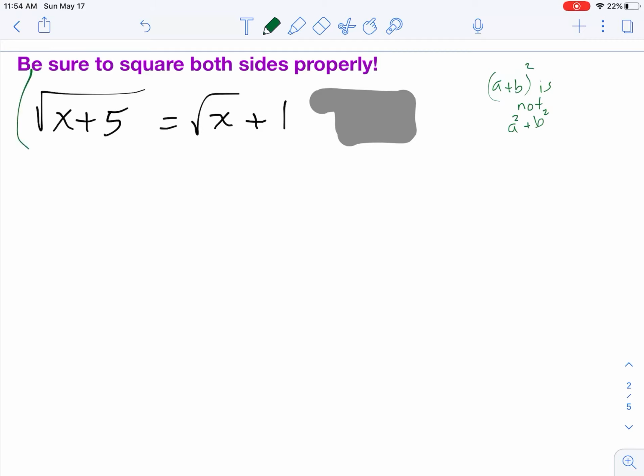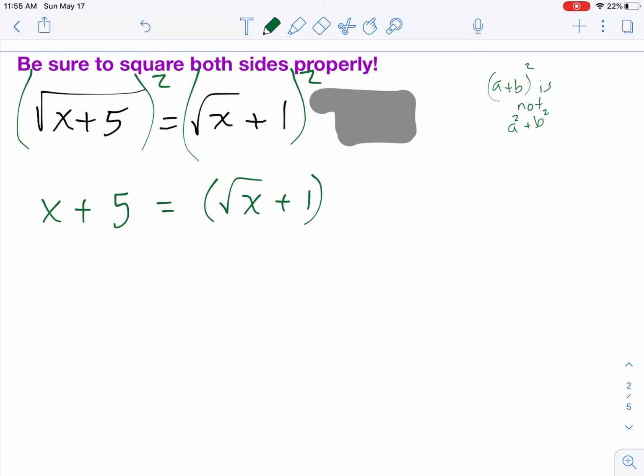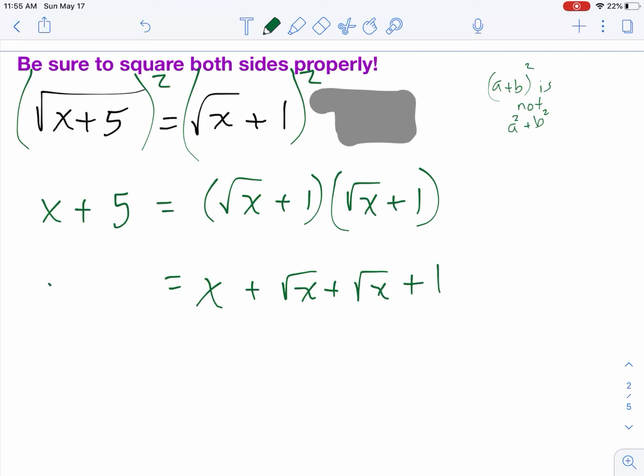So, ooh, this is gonna be a trickier one. Okay. The left side will be x plus 5, but wait, this is gonna be weird. I'm gonna write this out just to make sure I do this right. Okay, so I have x plus a root x plus another root x plus 1.